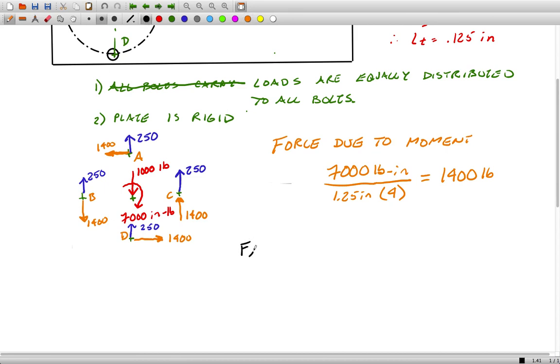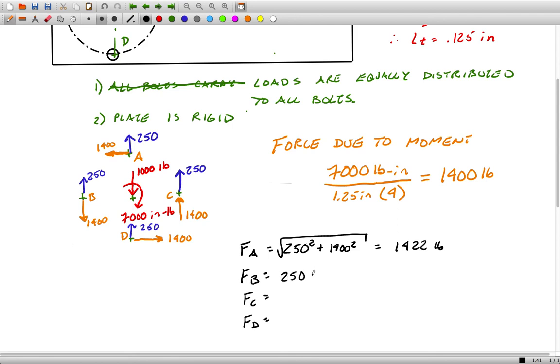So we'll summarize all these out here. For FA, they are perpendicular, so we'd have the square root of 250 squared plus 1,400 squared, which is 1,422. At FB, we've actually got 250 minus 1,400 if we take just a typical coordinate system.